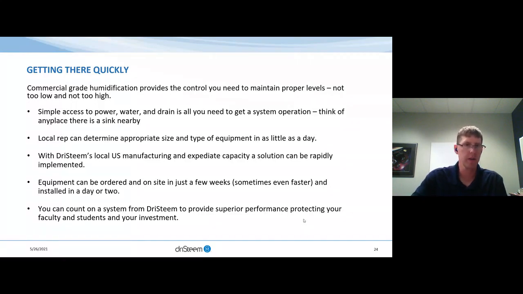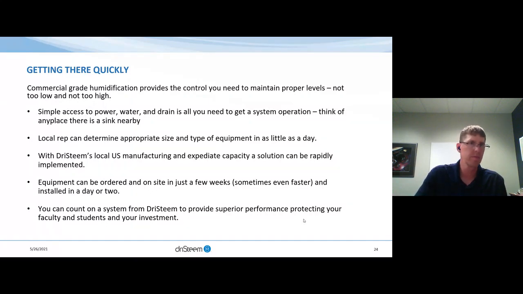Dry Steam is a US-based company, and we can find solutions and assist with this relatively quickly. So if you need a solution quickly to move to that ideal range, we have solutions available, spanning a number of different types of energies depending upon what's needed, and performance information as well.